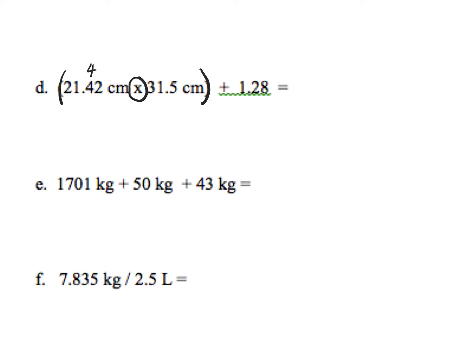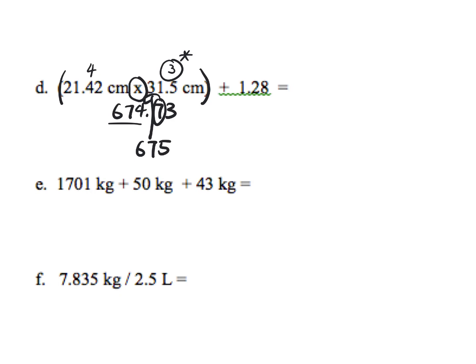I have 4 sig figs here, I have 3 sig figs here, so I know I need 3 sig figs. So I will type it in, 21.42 times 31.5 is equal to 674 times 0.73. But I know I only need 3 sig figs, so I will round it up, so it will be 675.